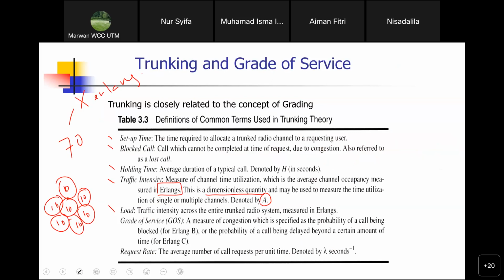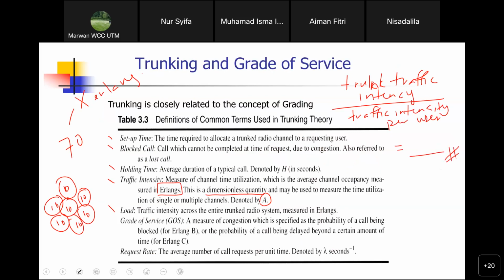So within one system, you know how much traffic intensity the system can support. Based on that intensity, and knowing the intensity per user, meaning the quantity of traffic one user requires, by dividing these two we get the number of users that we can support.